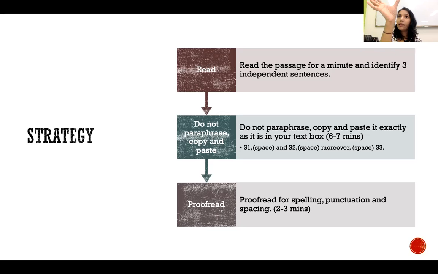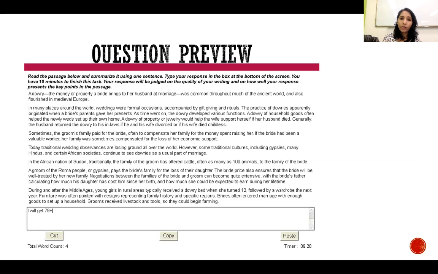So what you do is you skim through this passage just to get the big idea, then you take 3 independent sentences from throughout the passage. So if you ask me, there are 7 paragraphs over here. So maybe I skip this, I take a sentence from here, I skip this passage, I take a sentence from here, and I take another sentence from here.